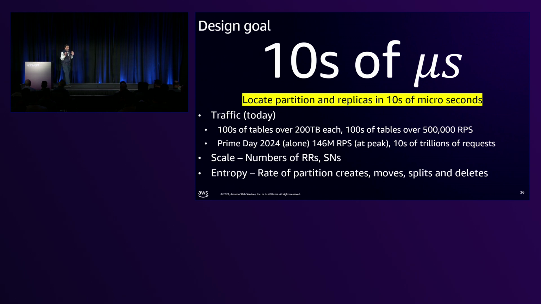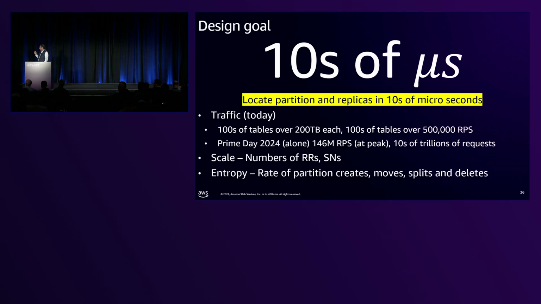To give you an idea of the scale at which we're operating, the traffic we serve today: there are hundreds of tables over 200 terabytes apiece. We have 1 million customers. Some of them drive half a million RPS. And there are tens of thousands of storage nodes, and tens of thousands of request routers in every single region.